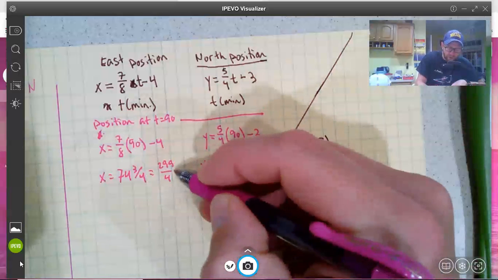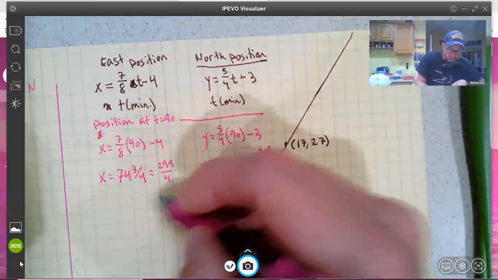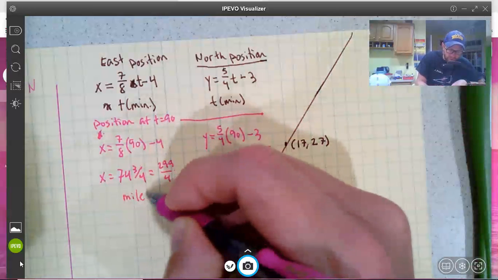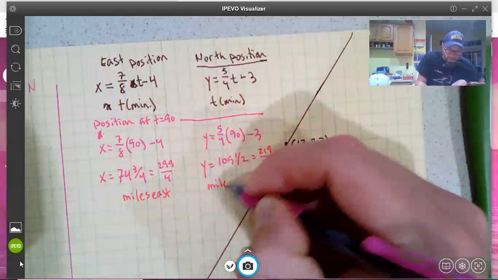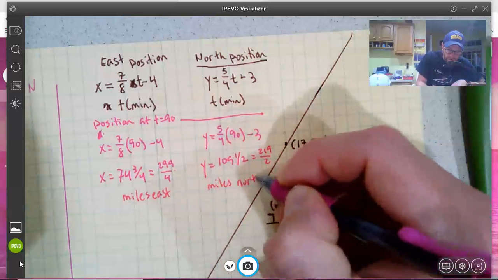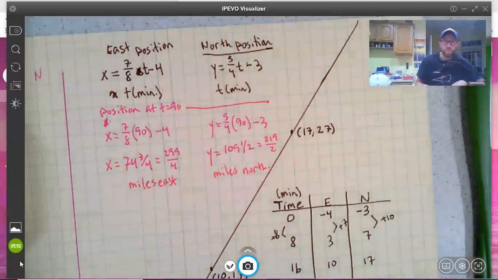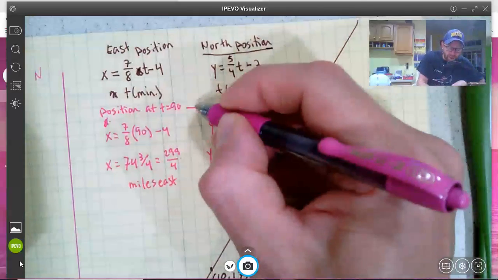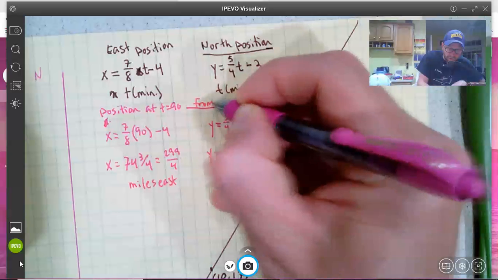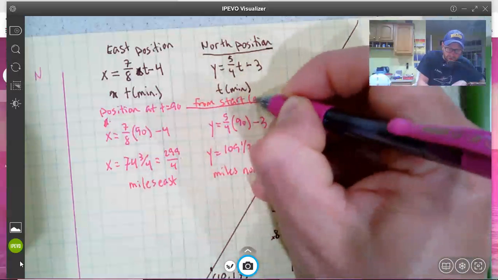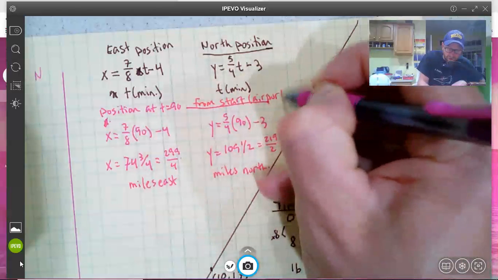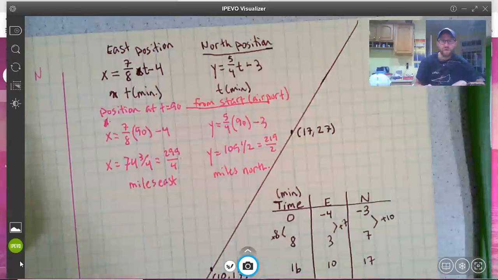Okay, and this is miles east, miles north. Oh yes, by the way, this is from start. That's where the airport is.